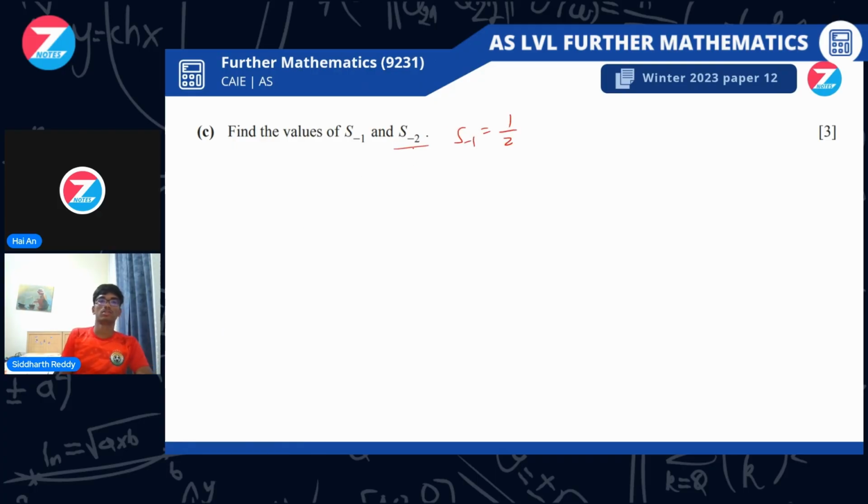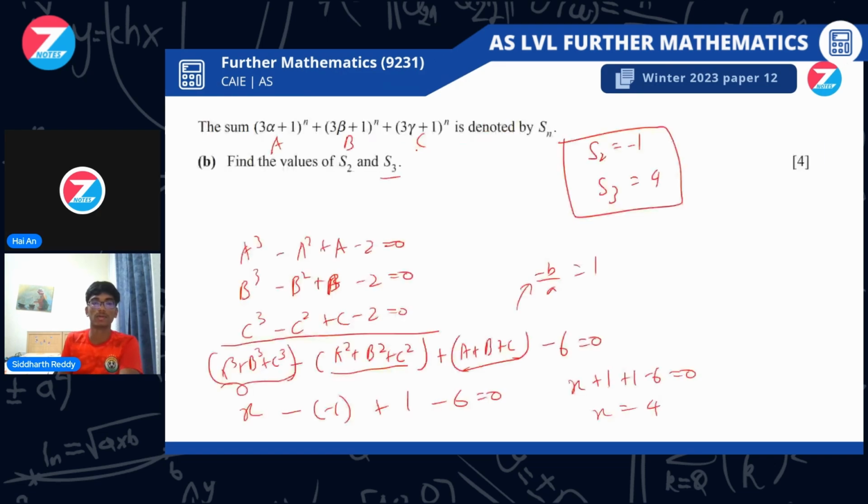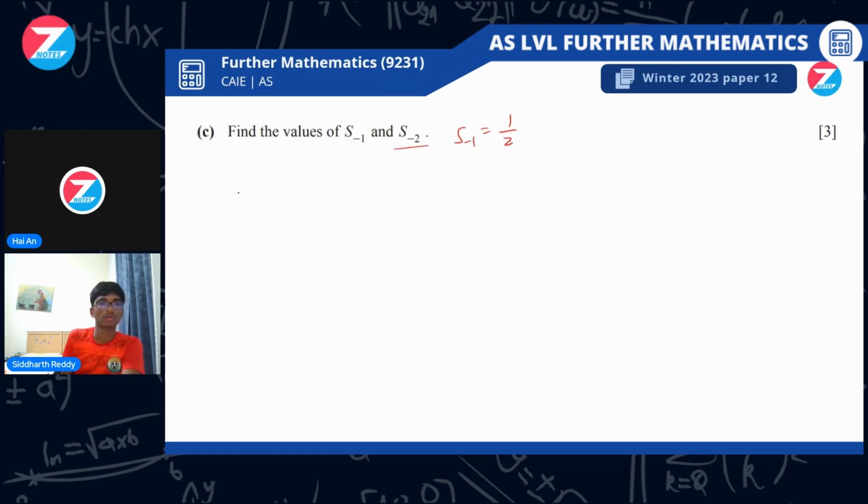So S of minus 2, that's going to be a little more complicated, but we can still do it. So we got y cube minus y square plus y minus 2 is equal to 0. If we divide the whole equation by y square, what do we get? We get y minus 1 plus 1 by y, minus 2 by y square is equal to 0.